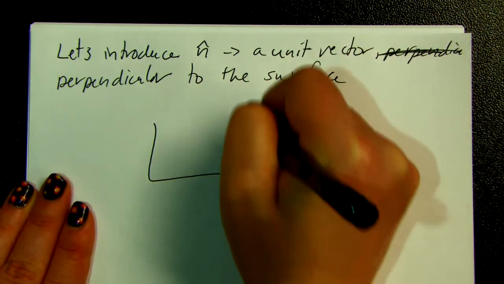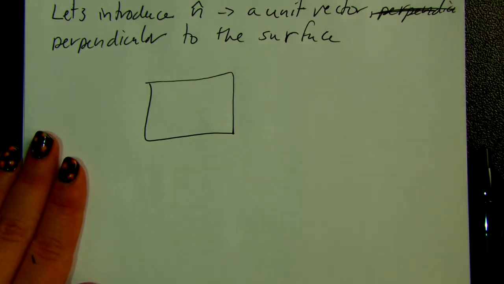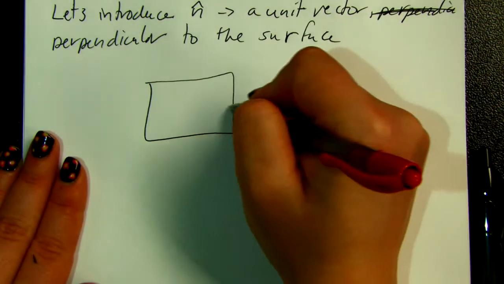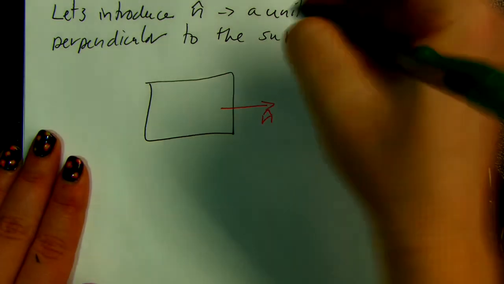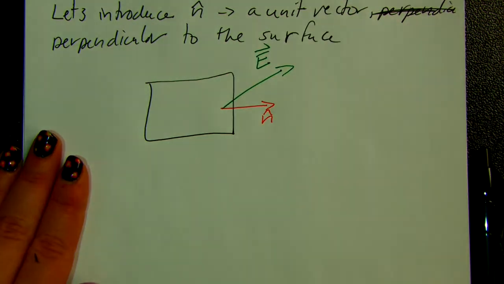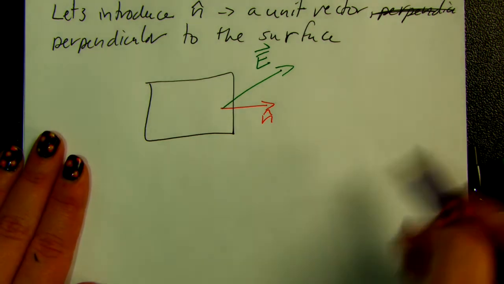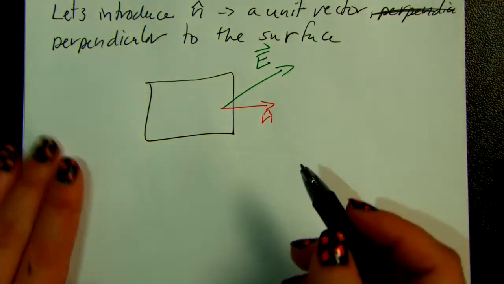Here is our surface, and here is n hat, and then our field might be here. We can look at the angle of the electric field in relationship to what is essentially the normal vector on the surface. And from there, we could get an angle.